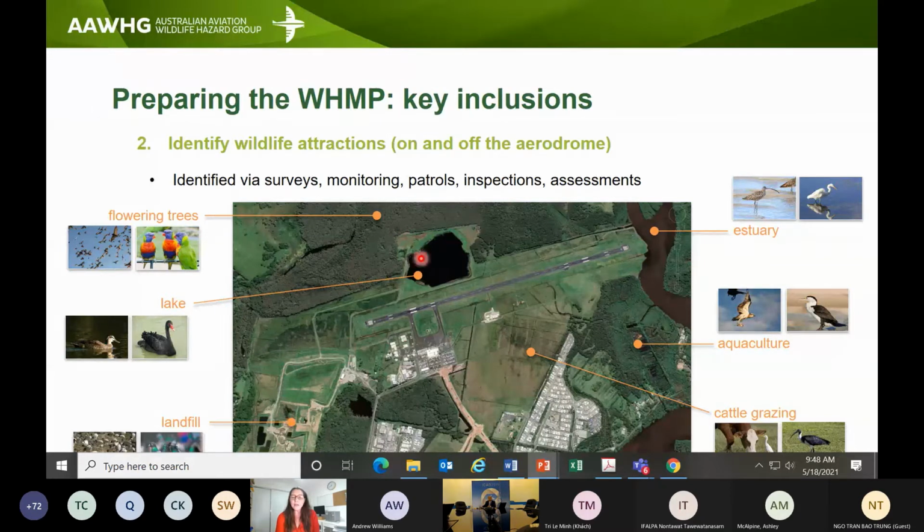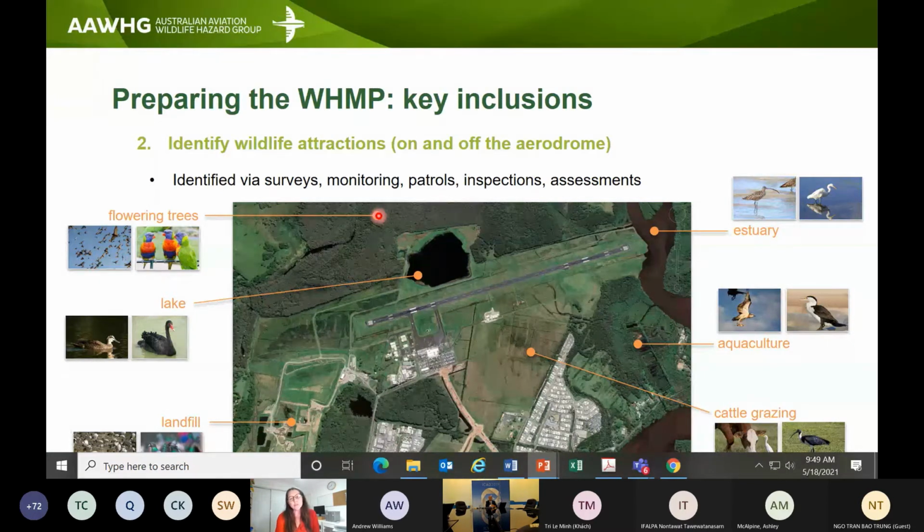Above that, we have a lake, which was a quarry that had been disused many years ago and filled with water. That lake alone is significantly attractive to large populations of ducks and swans, all of which are a particular hazard to aircraft. Beyond that lake, just to the north of that, there is an extensive forested area that contains a high proportion of plant species that attract a lot of parrots and fruit bats, or what we refer to as flying foxes.